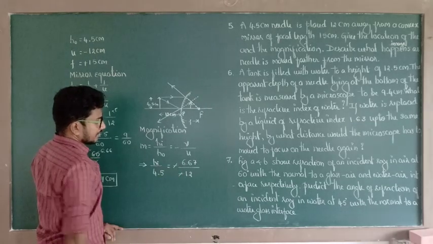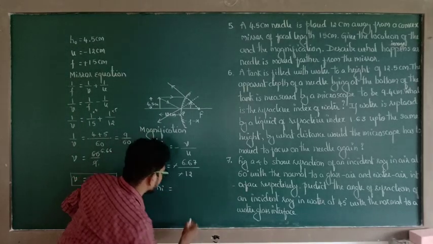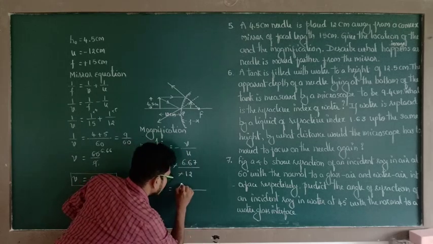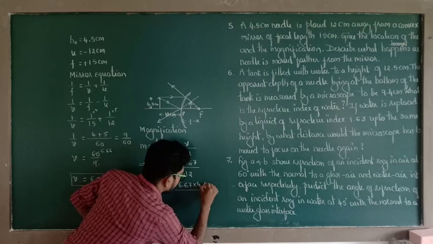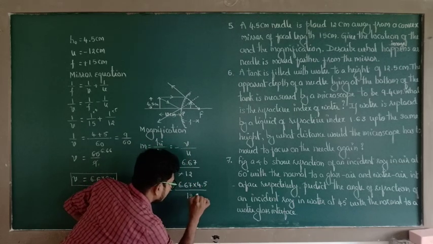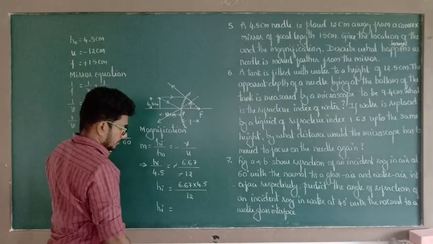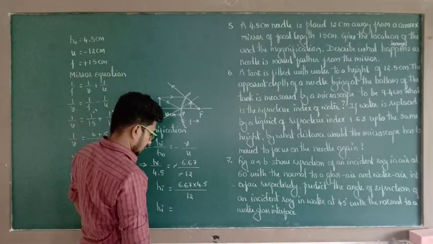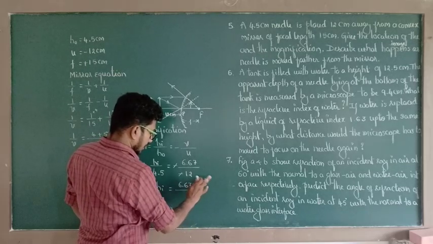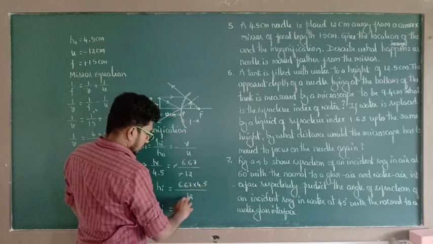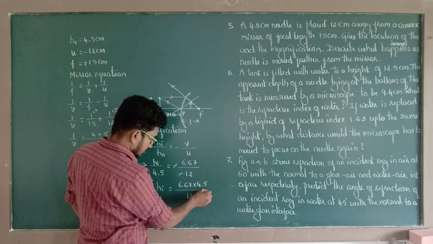The negative signs cancel. Then the height of the image is equal to 6.67 into 4.5 divided by 12. Or we can write 45 divided by 120. For calculation purposes, we can follow that step.